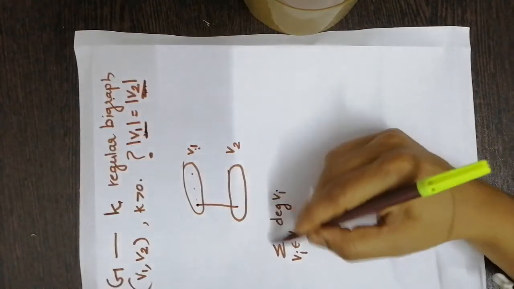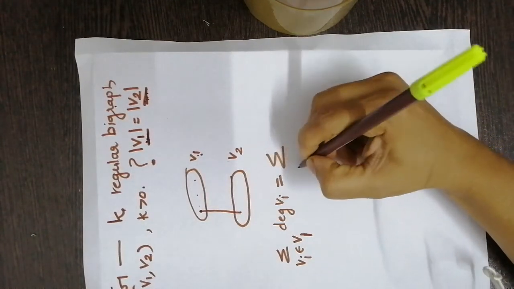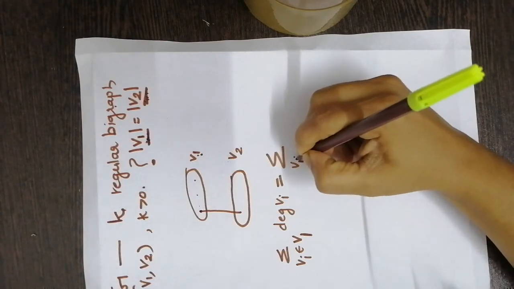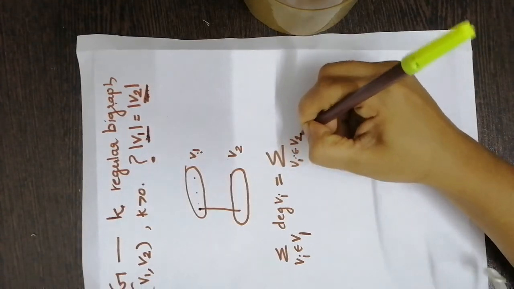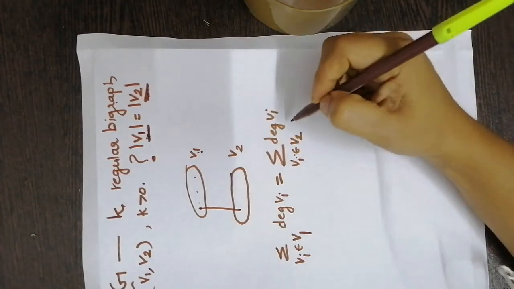that sum must be equal to what? The sum over vi in V2 of degree of vi. Clear?